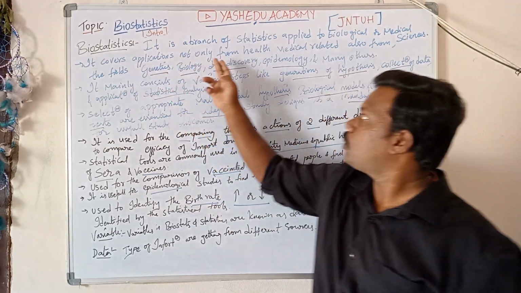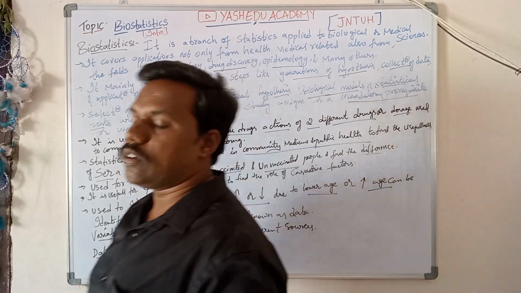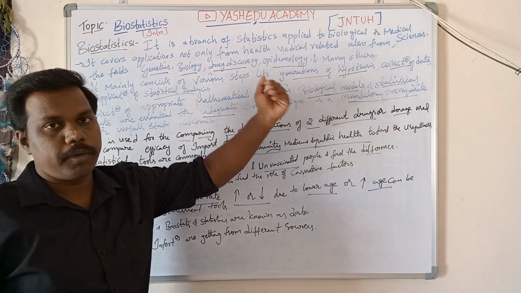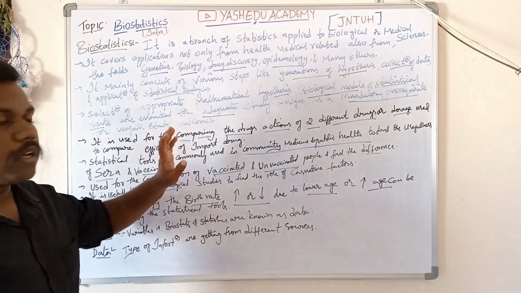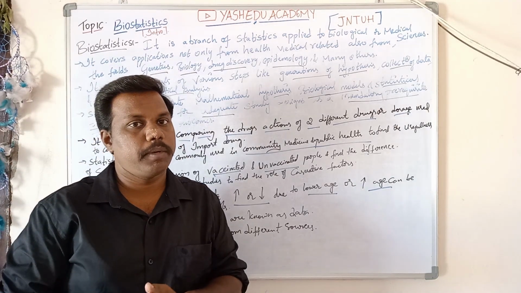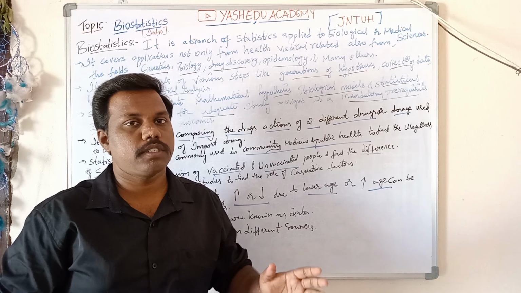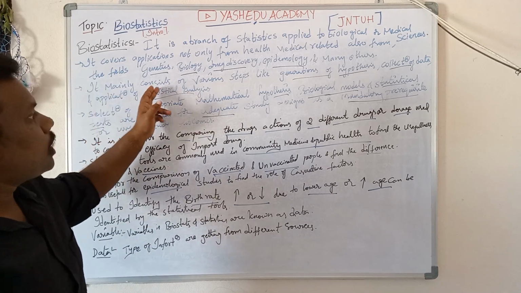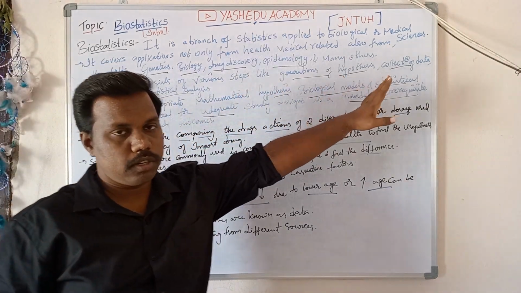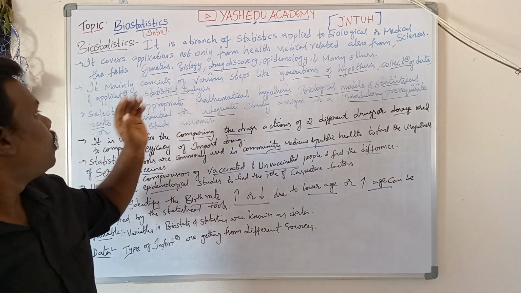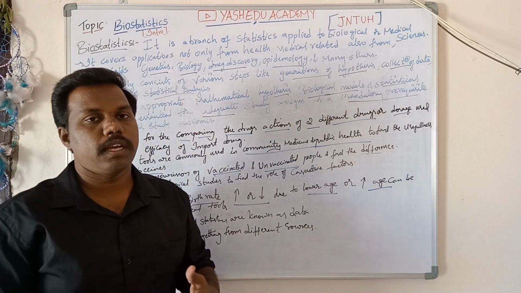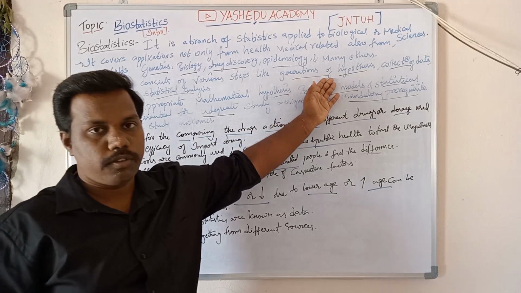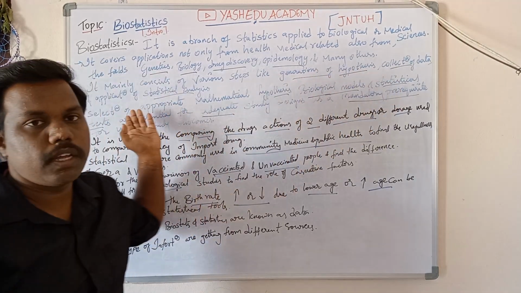It covers applications not only in health and medical fields, but also in the fields of genetics, biology, drug discovery and epidemiology, etc. It mainly consists of various steps like generation of hypothesis, collection of data and statistical analysis.